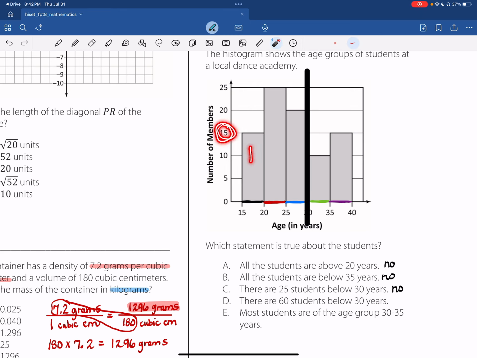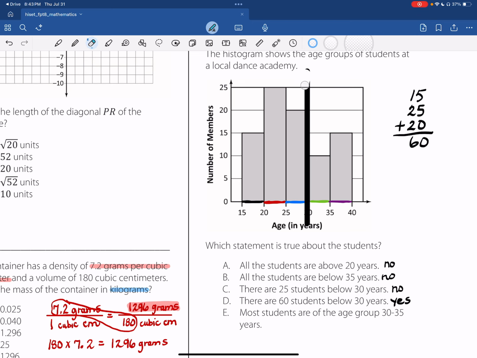So we have 15 here, 25, and then 20. So 15, 25, and 20 add up to be 60. So that is a yes.